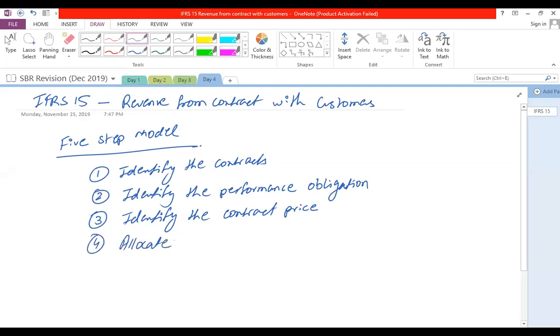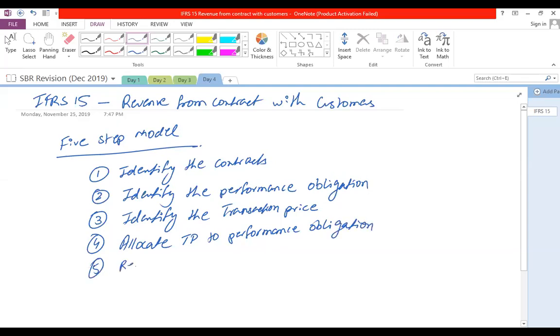Step 4 is to allocate the transaction price. We can even say this to be the transaction price. So allocate the transaction price to the performance obligation.